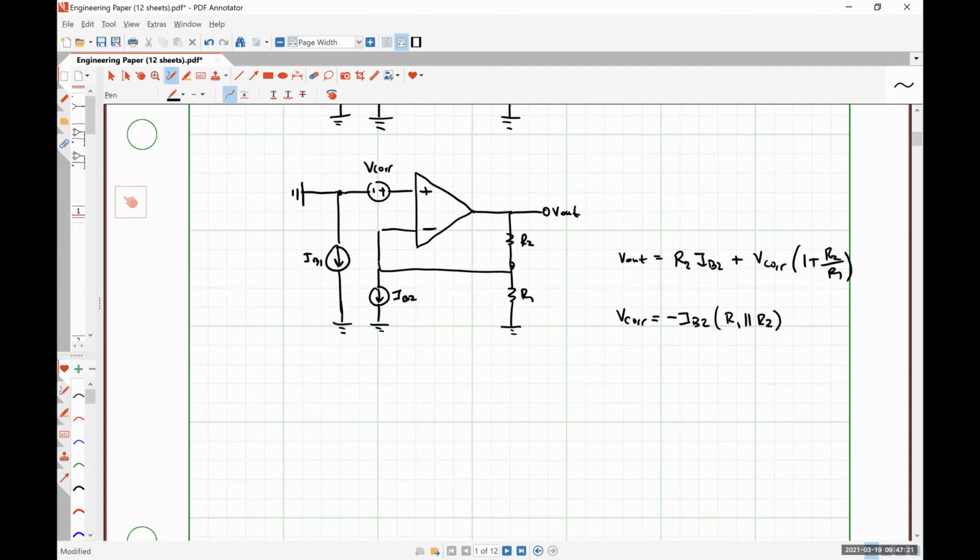So if we were able to apply a fixed DC voltage of our input bias current IB2 times a parallel combination of R1 and R2, we would completely get rid of that DC error that we're seeing at our output.